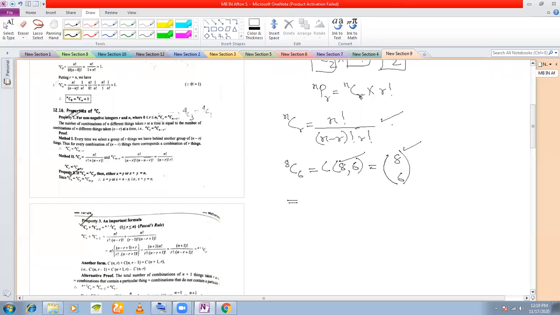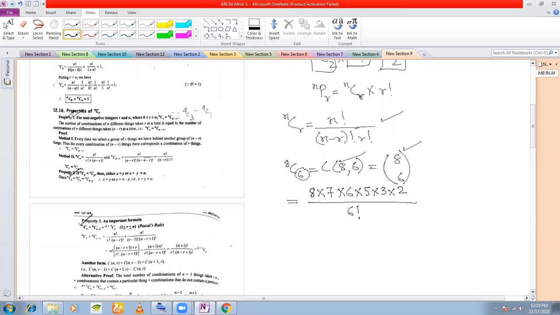But just as I gave you a direct method of calculation of NPR, I will give you a direct method of calculation of NCR also. In NCR, what you do here is that 8C6, you write this as 8P6. 8P6, how do you write? 8 into 7 into 6 into 5 into 4 into 3, six terms, and then divide this by factorial 6.